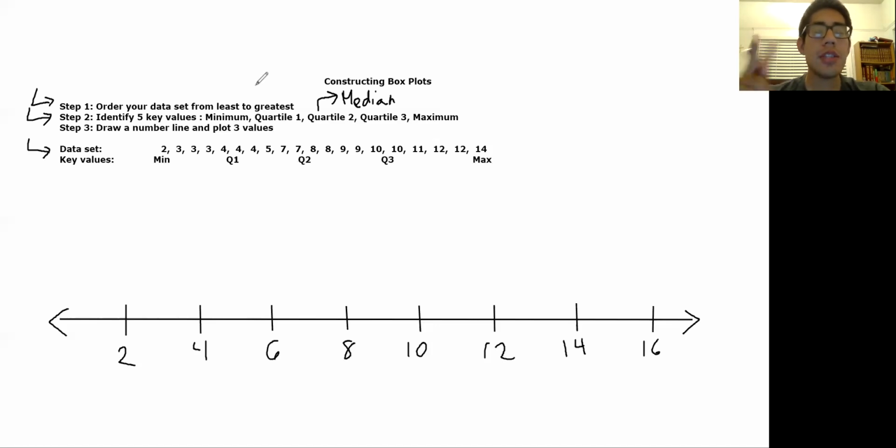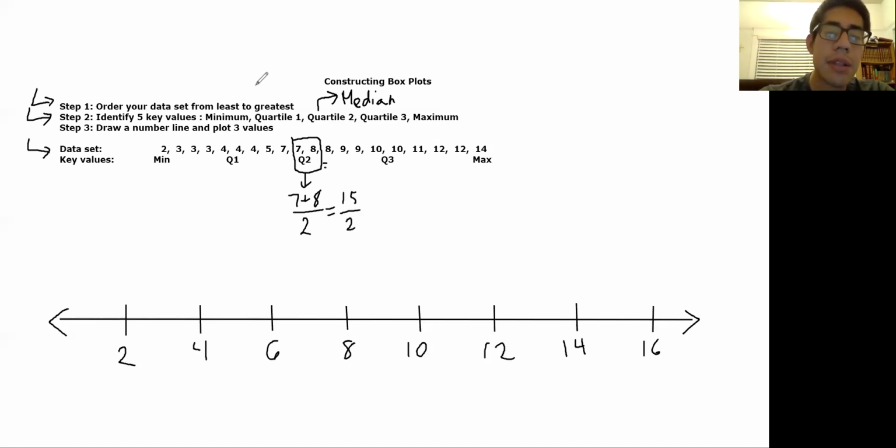There are 2 numbers sharing my quartile 2. So how am I going to resolve this? Well, I'm going to take both numbers, 7 plus 8, and then I'm going to divide them by 2. 7 plus 8 is going to be 15, and then 15 divided by 2 means my quartile 2 is going to be 7.5.